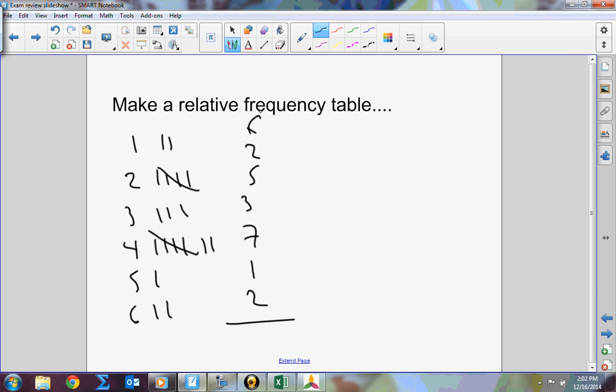How many times did I roll it? 8, 13, 16, 23, 24, 26. Oh boy. Couldn't have done it 25 times where the numbers would be really easy to do in our head. Alright, and so the relative frequencies will be 2 over 26, which is 1 over 13, and 5 over 26, and 3 over 26, and 7 over 26, and so forth and so on.